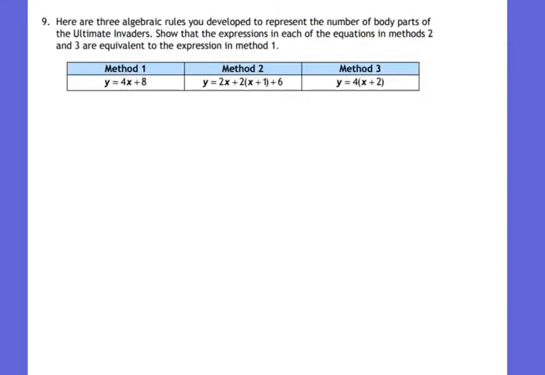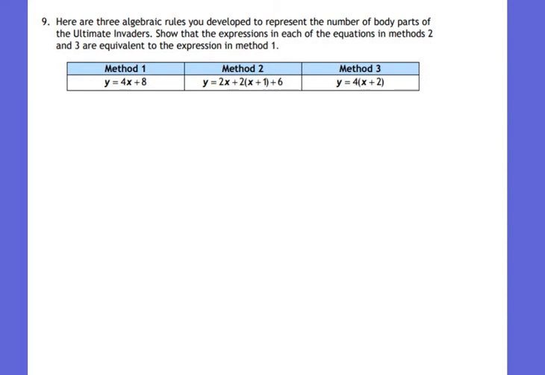Number 9, these equations should look familiar to us. We saw them yesterday with the 3 different methods. Remember making the 3 different methods of people's work? Okay. These are the equations that we came up with yesterday for everybody's work.